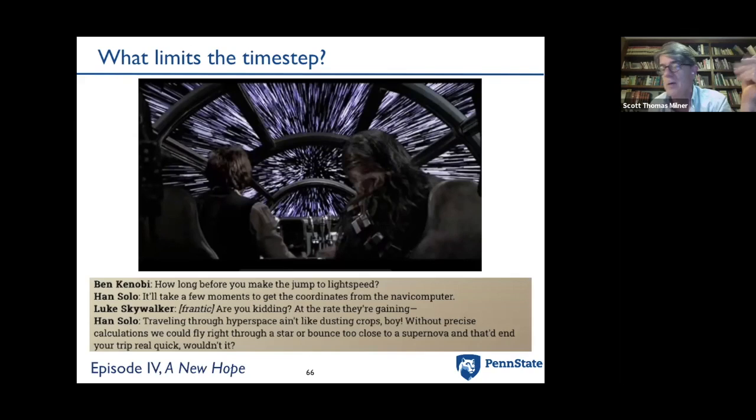They're being chased by Imperial starfighters at this point. And Han says, it'll take a few moments to get the coordinates from the navi computer. And Luke, who's always anxious at this point: are you kidding? At this rate they're gaining! And Han turns to him and dresses him down and says, traveling through hyperspace ain't like dusting crops, boy. If you don't calculate it right, you'll wind up in the belly of a star.